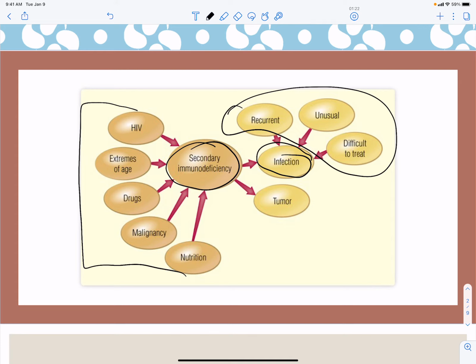And so we can also be susceptible to tumors. And so with respect to HIV, there's approximately 40 million people infected worldwide. About 2 million infected every year. And about 1.2 million die every year.